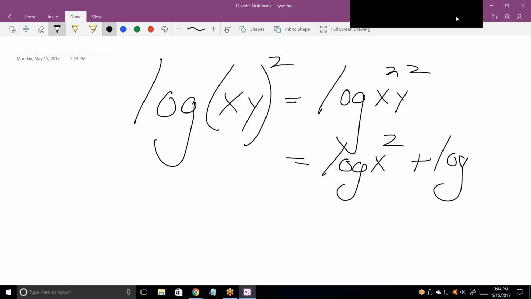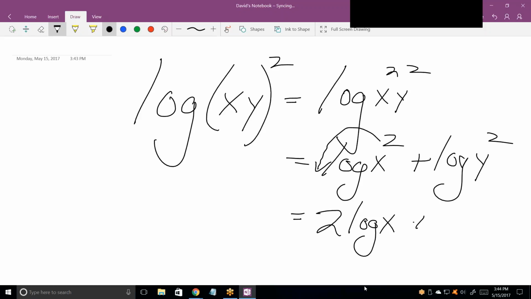Now bring the exponents down. In other words, the third rule of logs allows you to do that. So 2 log x plus 2 log y.